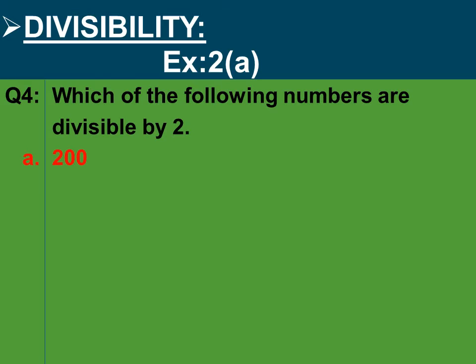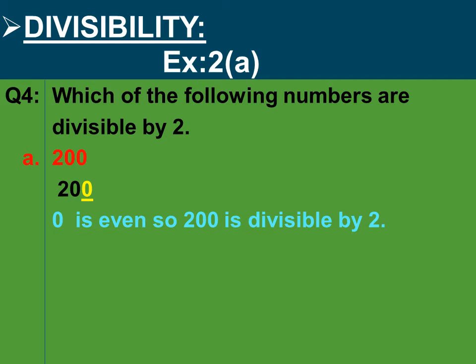So what will we do? The first step is that we will check the digit at the ones place. We have 0 at the ones place. 0 is an even number. So we can say that the whole number, 200, is divisible by 2.